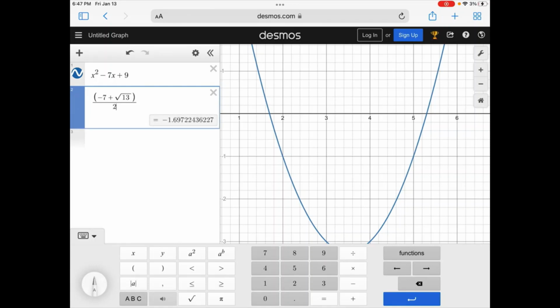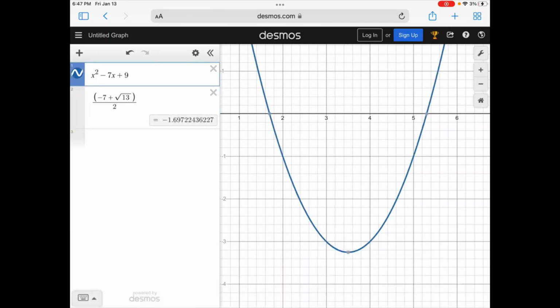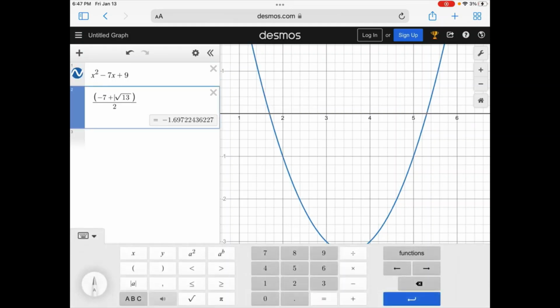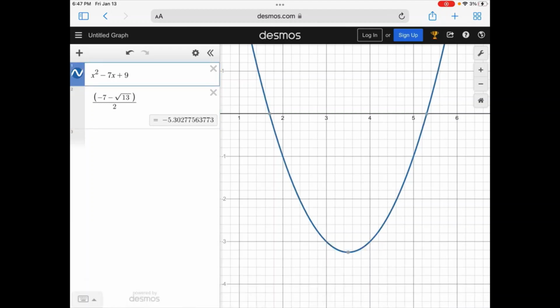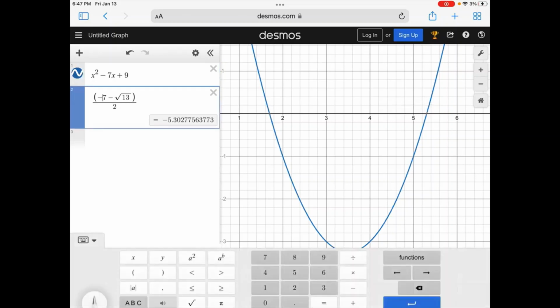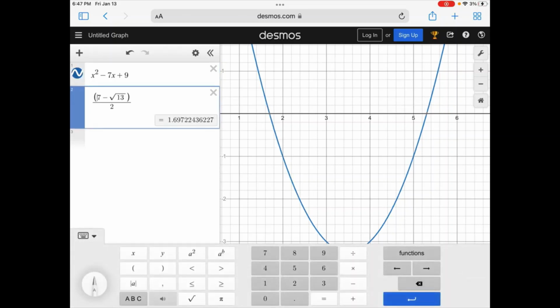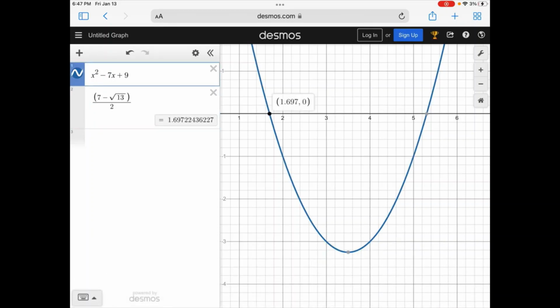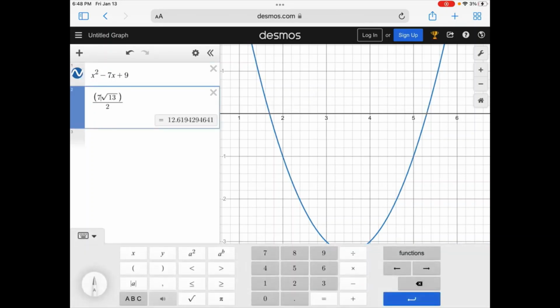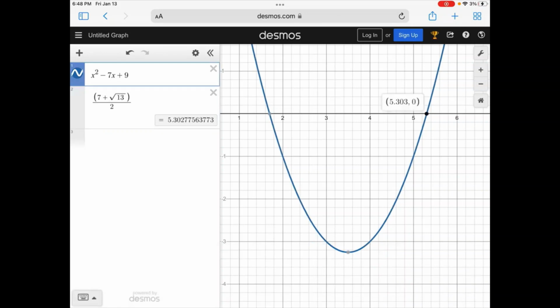And you can check that's 5.3 something, and that point right there matches that. And if we were to change this plus now to a minus, then we get 1.69, which is that guy. Sorry, I wrote it wrong. Okay, so we get a positive 5.3 there, and if we change this sign, we get a positive 1.69.